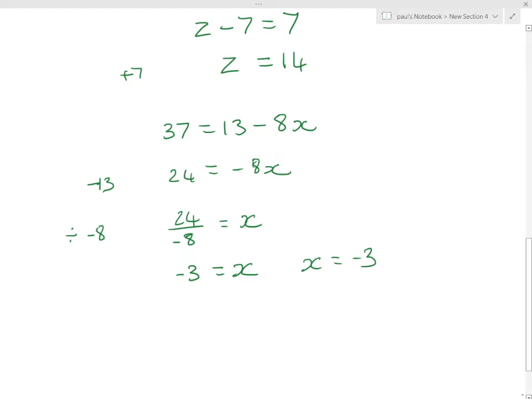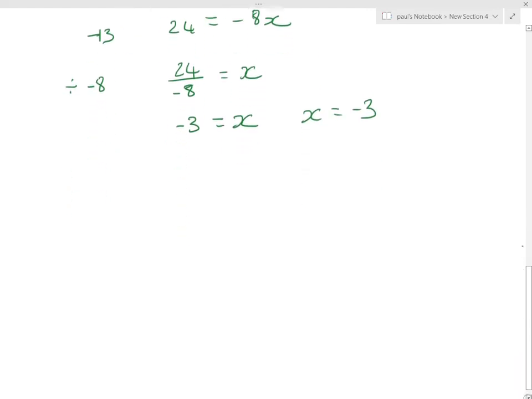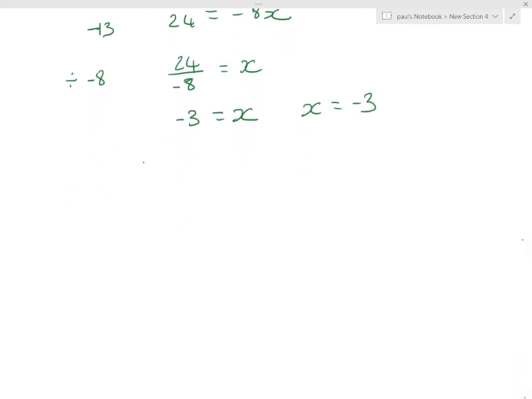So the next part we looked at, it got more complicated where we had x on both sides. And we had a lovely example here of 5x plus 5 equals 4x plus 8, or lots of pluses. Now, what we need to do is eliminate the x's from one side or the other.